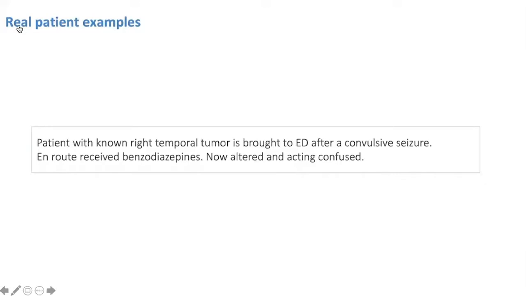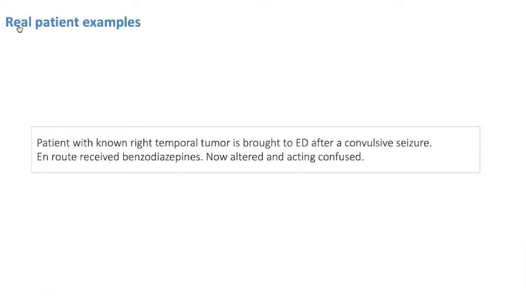Is it due to the patient still having a seizure? Or is it because the patient is recovering from a seizure? Or is this because of the benzodiazepines that were given as a sedative? So you have four leading considerations upon presentation. Fortunately, we have a test that's really useful for differentiating across those four, and that's the EEG.